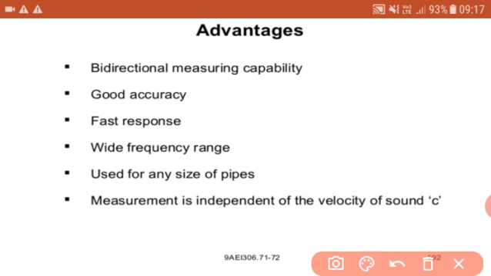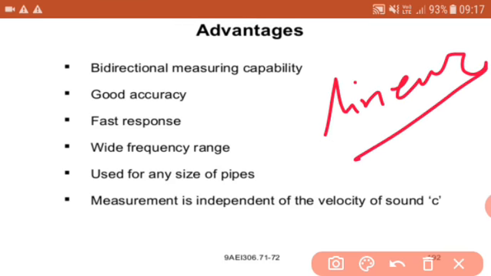And one more thing is they have a linear calibration curve, which is also an advantage.